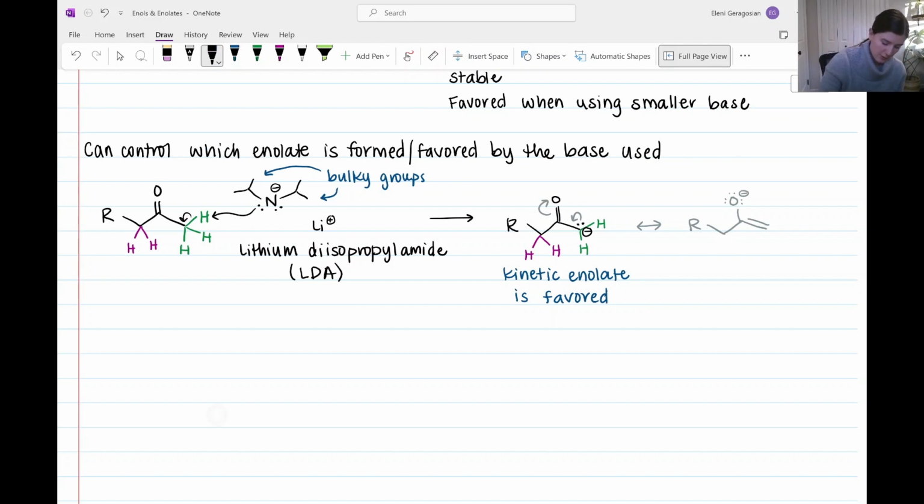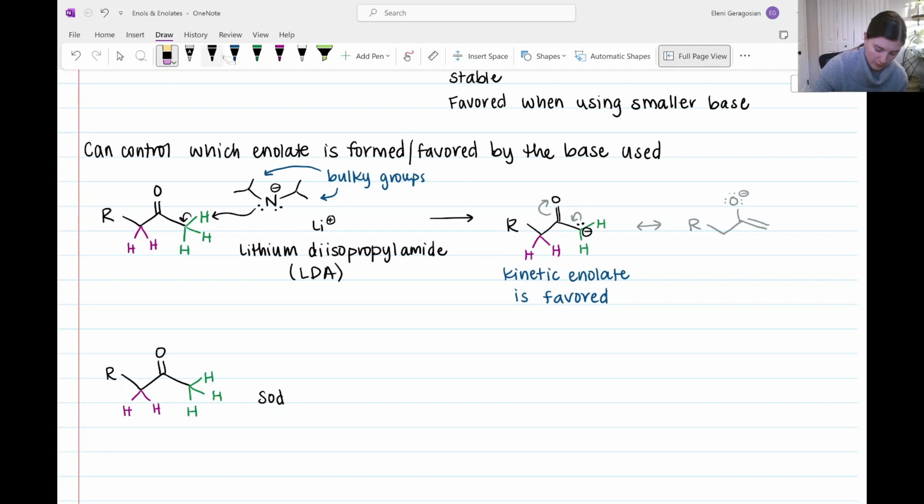Now let's look at a smaller base. So redrawing this asymmetric ketone, I'll emphasize all of the hydrogens again. All of the alpha hydrogens. A small base, one of the smallest bases, or maybe the smallest base, is sodium hydride.